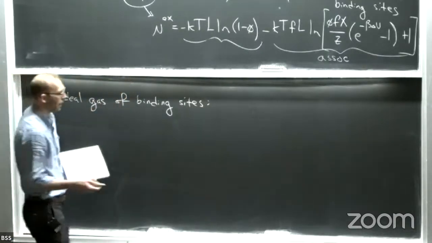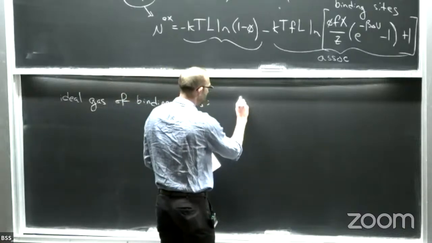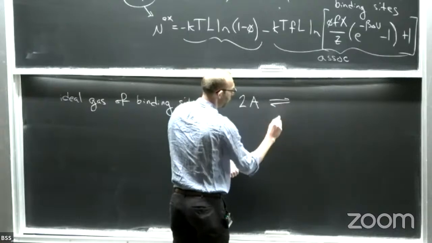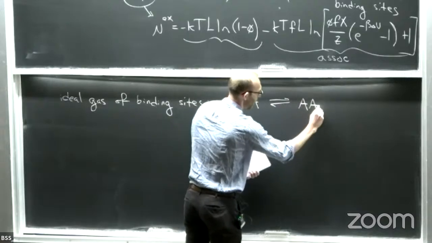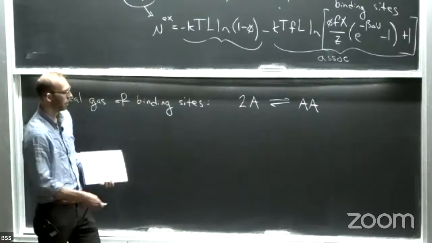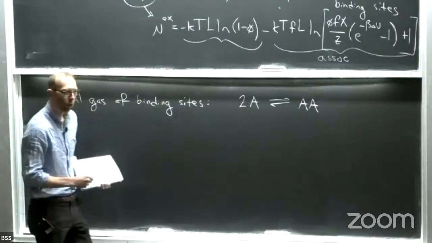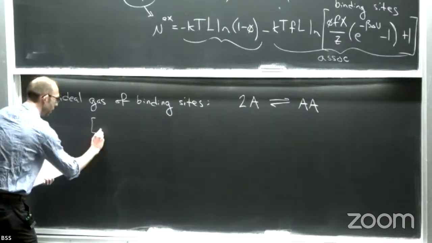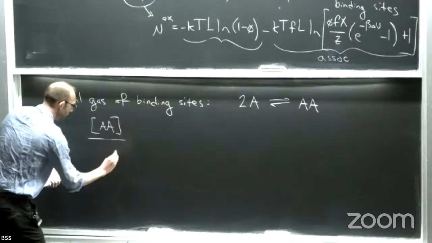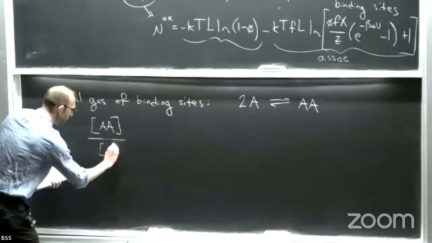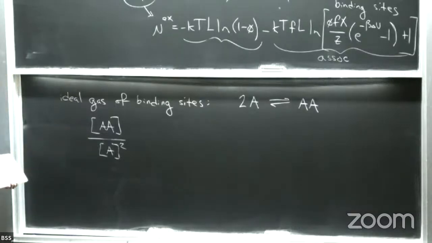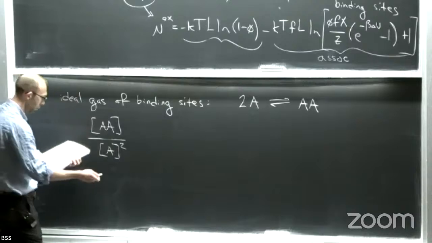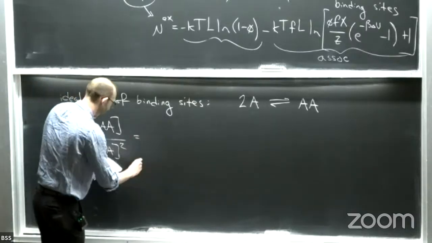And so let's use this sort of notation where we say we have two binding sites, let's call them A, that can reversibly make a dimer, which is AA, right? So if we think about the way we would normally treat this in chemistry, we would write this ratio for a reaction quotient should be equal to an equilibrium constant.